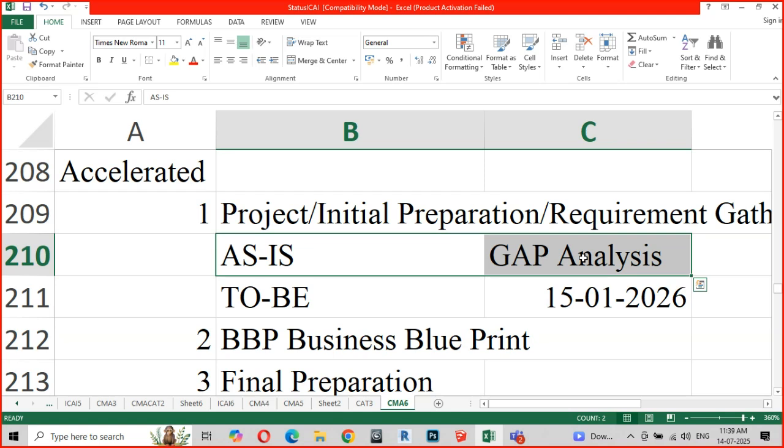And how do I narrow this gap? Where are the gaps? And I, as an SAP expert, how would I address these gaps? How would I resolve these gaps? That is the solution I provide to the implementing partner.